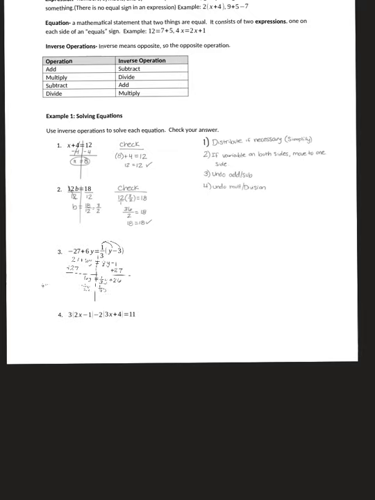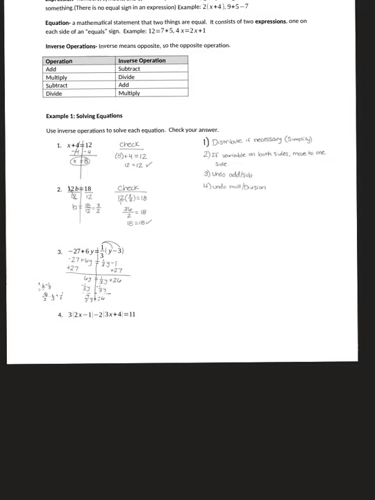So 6 minus 1/3, if I turn 6 into a fraction with a common denominator, I've got to multiply by 3. So I get 18 over 3 minus 1 over 3, which is equal to 17 over 3. So subtracting 1/3 y will give me 17 over 3 y, which is equal to 26.